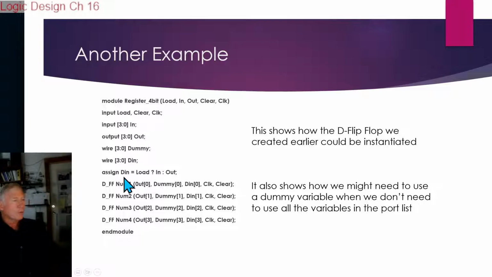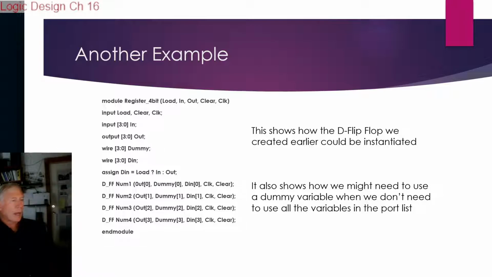First off, notice that D in, in, and out are all 4-bit vectors, but load is a single bit. The way this works, I test load. If load is true, I assign in to D in. If load is false, I assign out to D in.